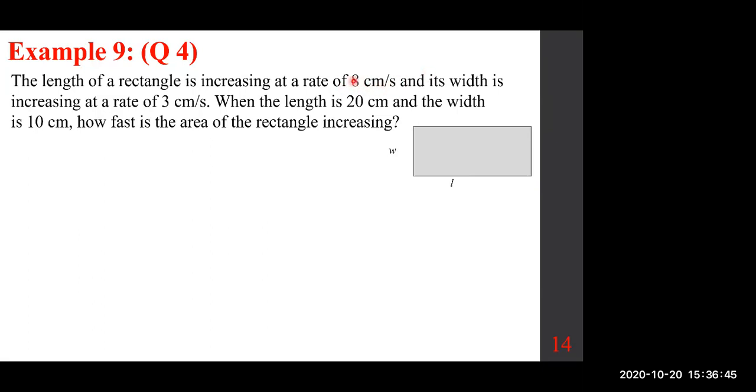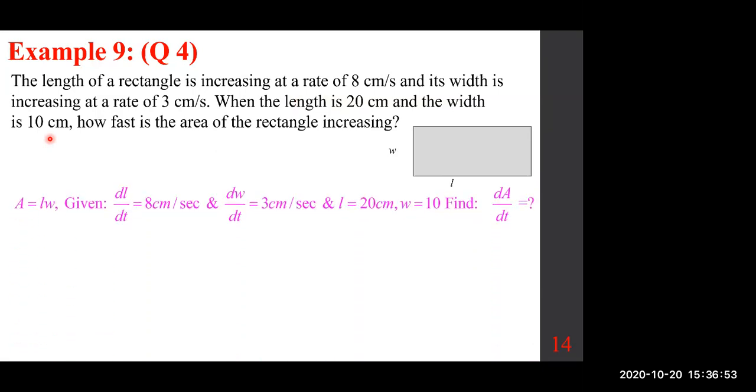And the width, dW/dt, is 3 centimeters per second. The length is 20 centimeters and the width is 10 centimeters. So everything is given. You know the area, dL/dt is given, dW/dt is given. Given the length and the width, find dA/dt. It's really pretty straightforward.